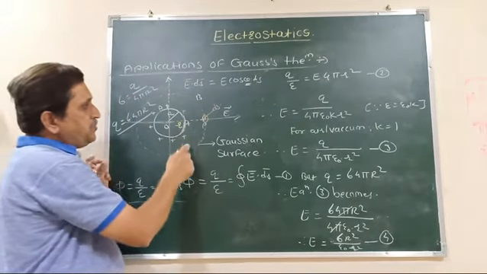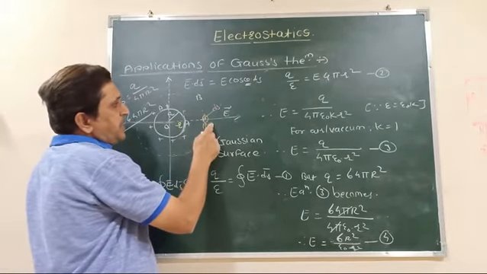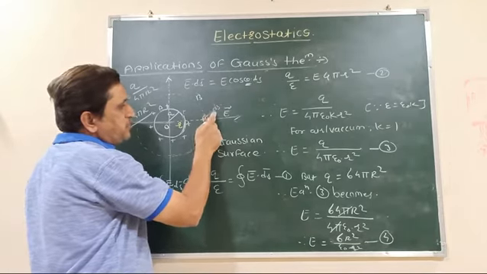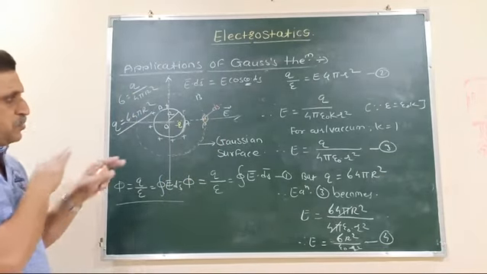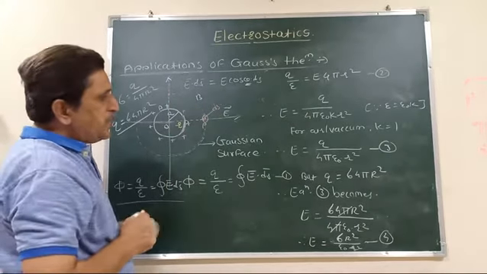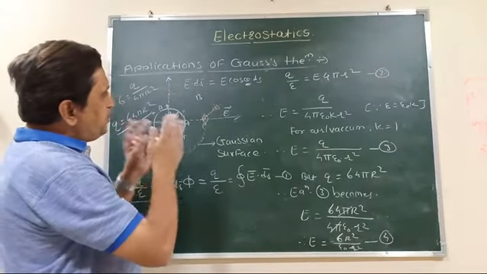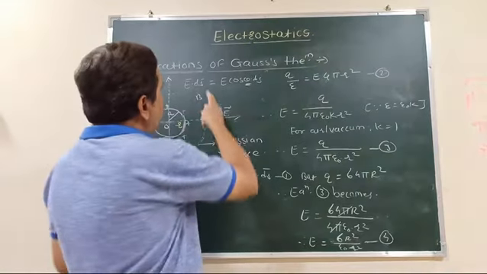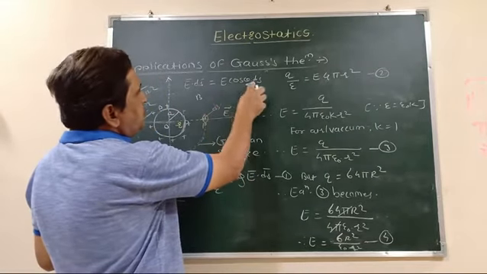But from the figure we can see that the angle made by the area ds with the direction of electric intensity, because both are parallel. Therefore we can say that theta is equal to 0 and cos 0 is equal to 1. If we put that in new form, then we are writing E into ds.